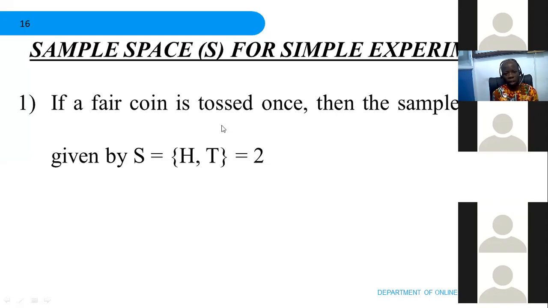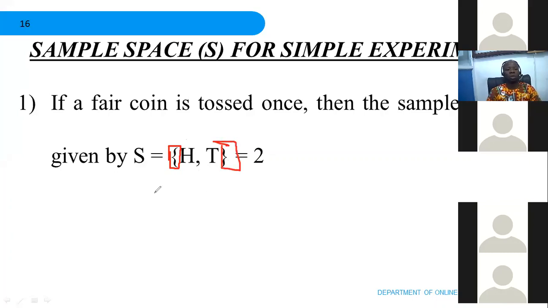If a fair coin is tossed once, then the sample space is given by S equal to this. You see, I use the curly bracket, not the ordinary bracket. So I'm using this curly bracket to denote my set. So please take note of that. It is not the ordinary bracket.